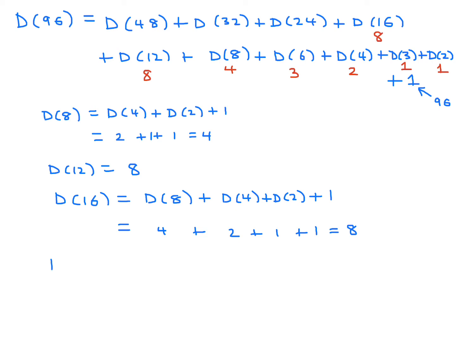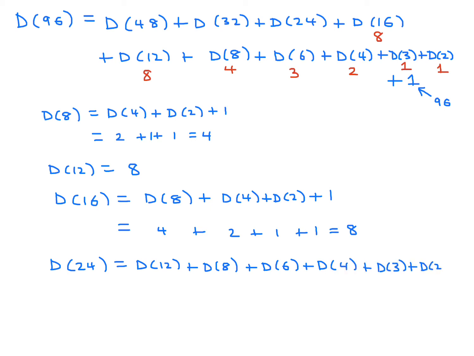So I think you get the hang of this. D24. That is going to be D12 plus D8 plus D6 plus D4 plus D3 plus D2 plus 1. And these numbers are 8, 4, 3, 2, 1, 1, and 1, and that is equal to 20.